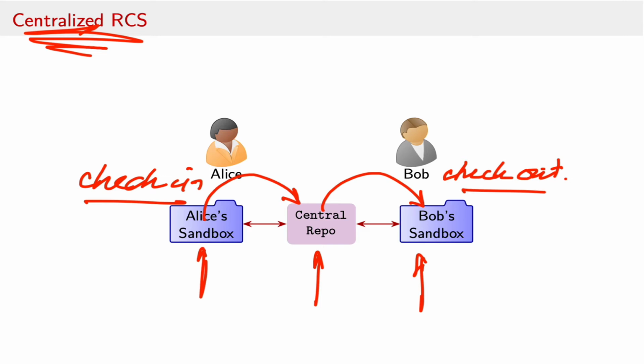So the check-in and checkout commands are smarter in this case than just doing a simple file copy or dragging a file into a directory in a graphical interface. Those two commands are going to enforce some constraints that are going to allow Alice and Bob to collaborate without clobbering each other.